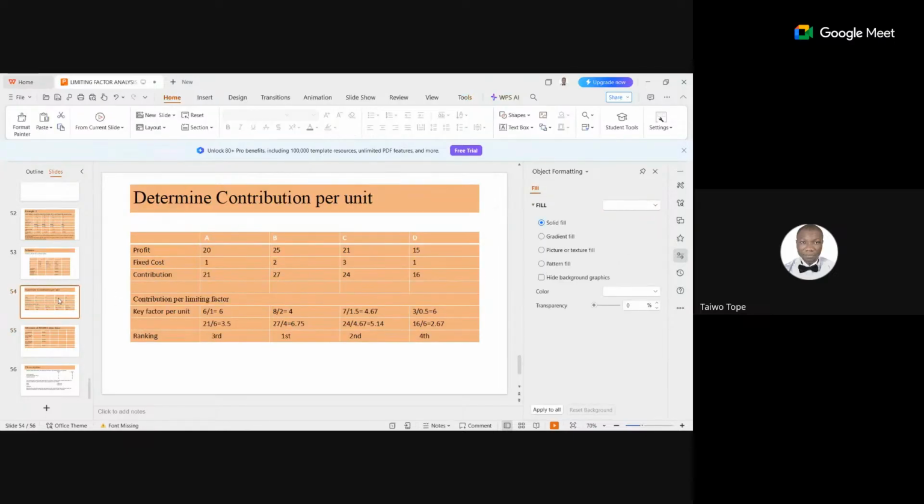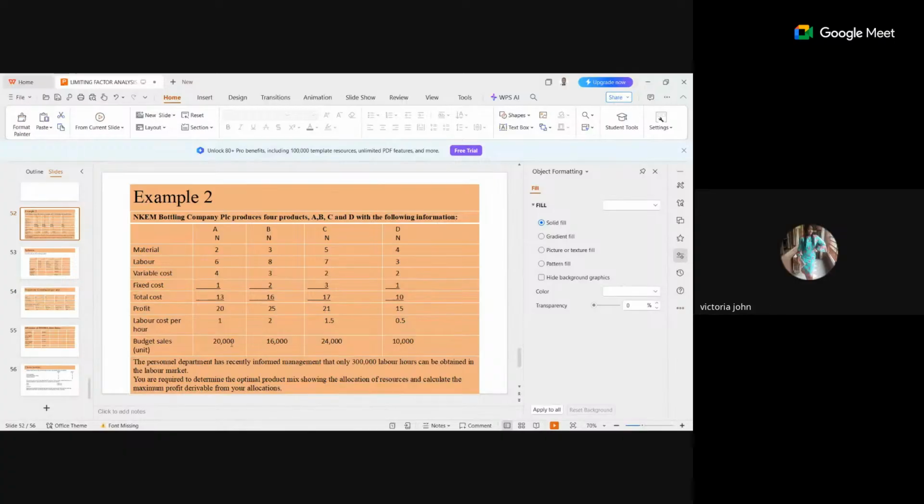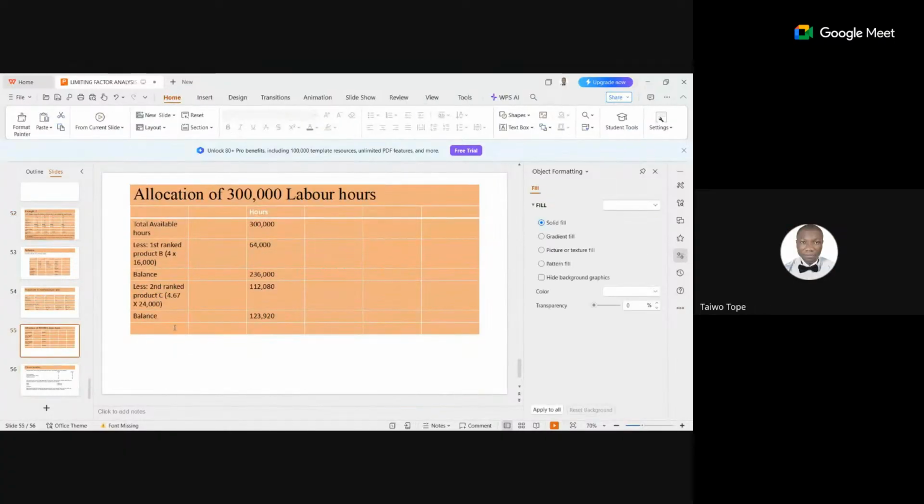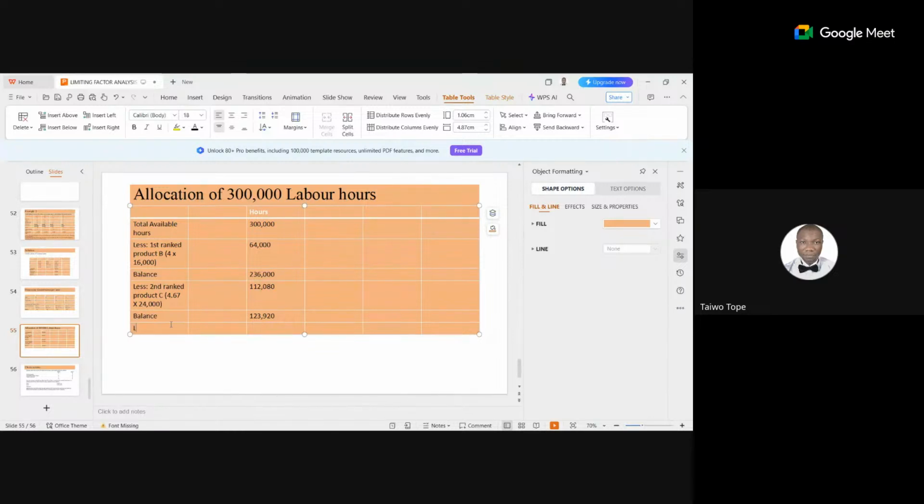The third ranking product is product A, and we need 6 hours for 1 unit. We have 20,000 units to produce. So we less the third ranked product, product A. We need 6 hours for 1 unit and we have to meet up with 20,000 units.